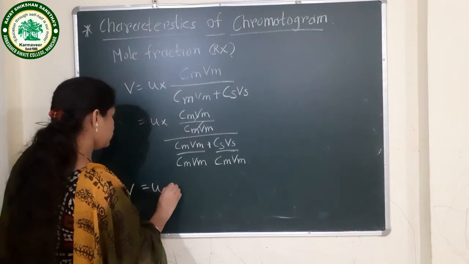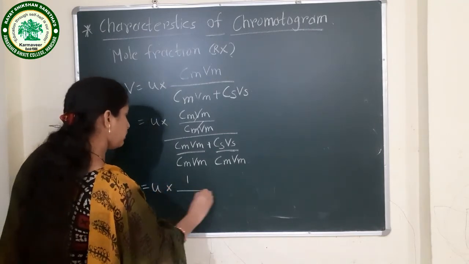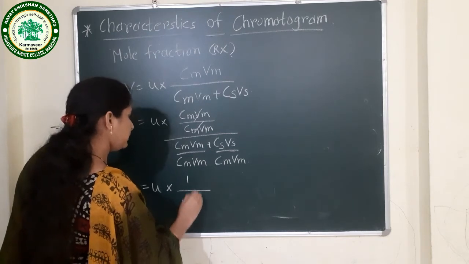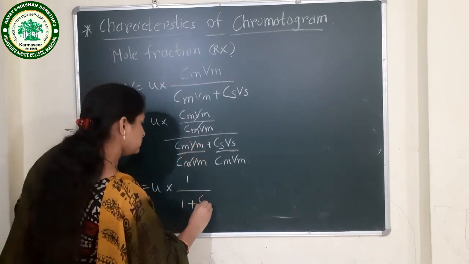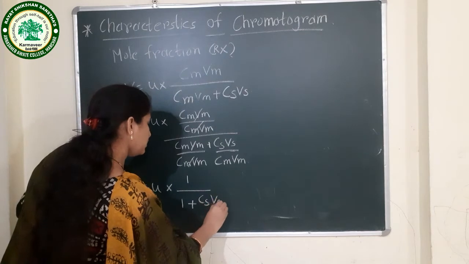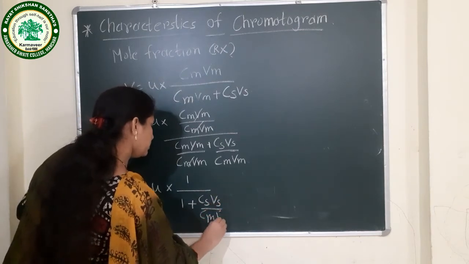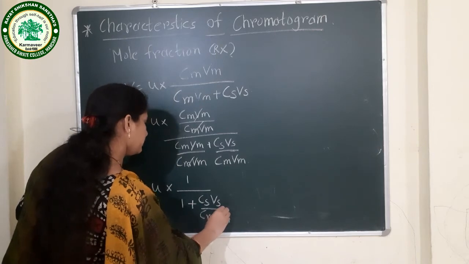V is equal to U into 1 upon 1 plus CS Vs upon Cm Vm.